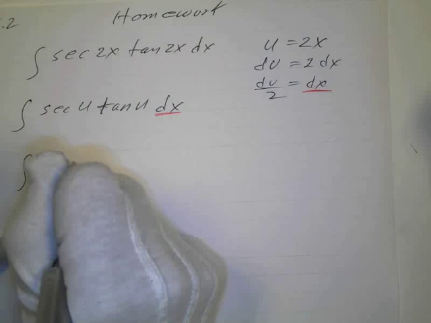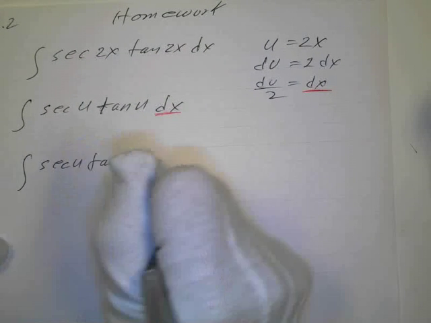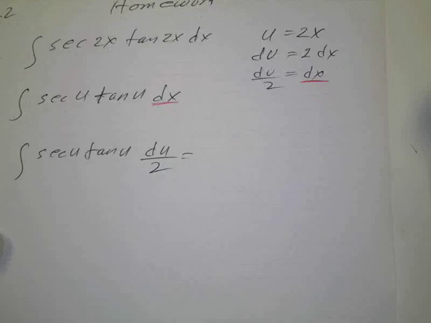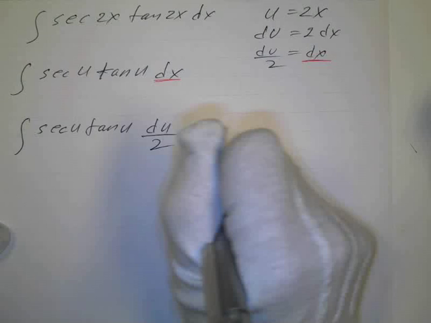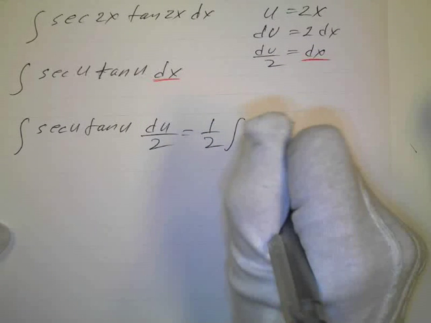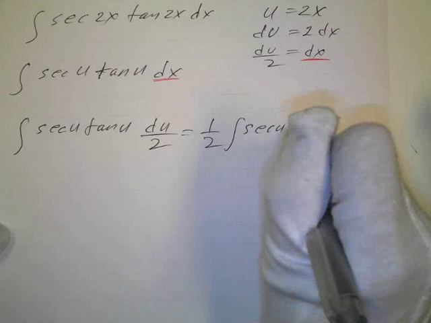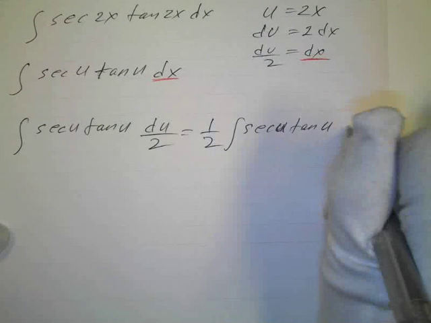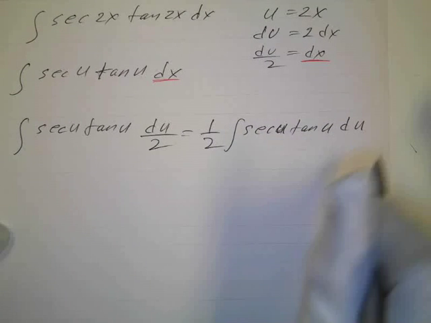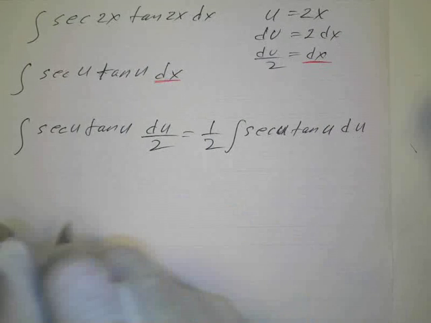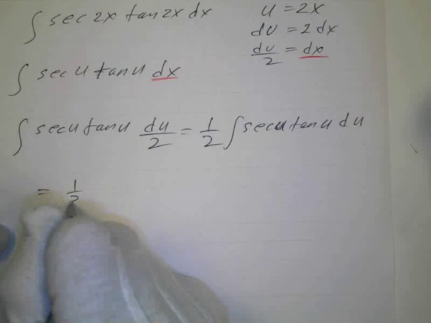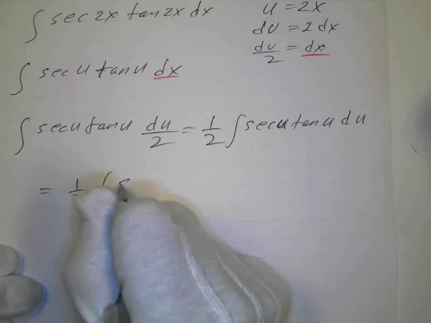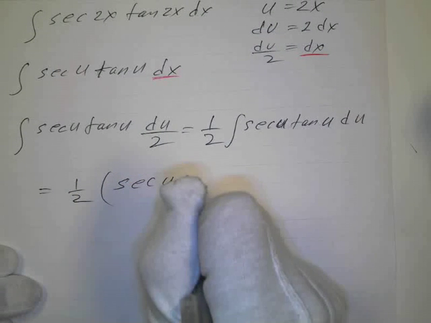So now I've got the integral of the secant of u tangent of u du over 2, and then I can put that 2 in front as 1/2, so 1/2 times the integral of the secant of u tangent of u du. And that's right out of my formulas over there. So it's going to be 1/2, and this is going to be the secant of u plus c.